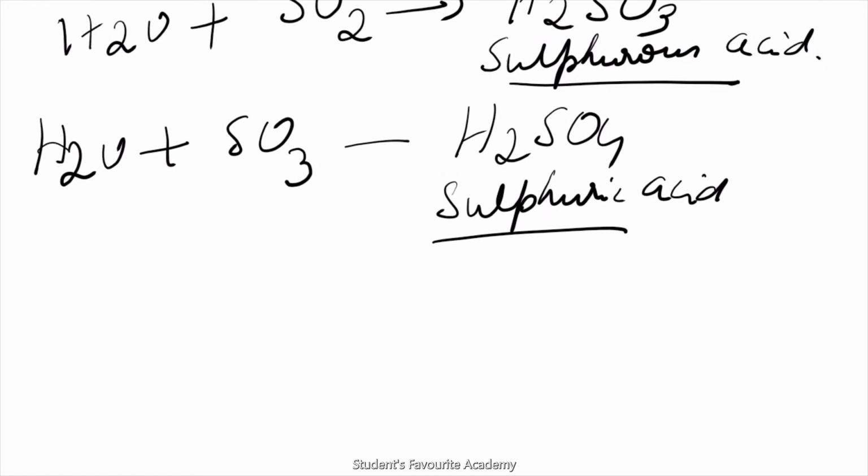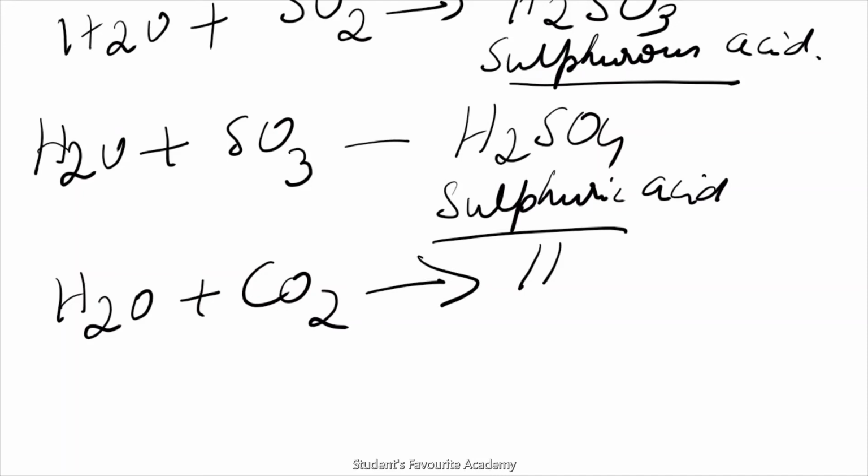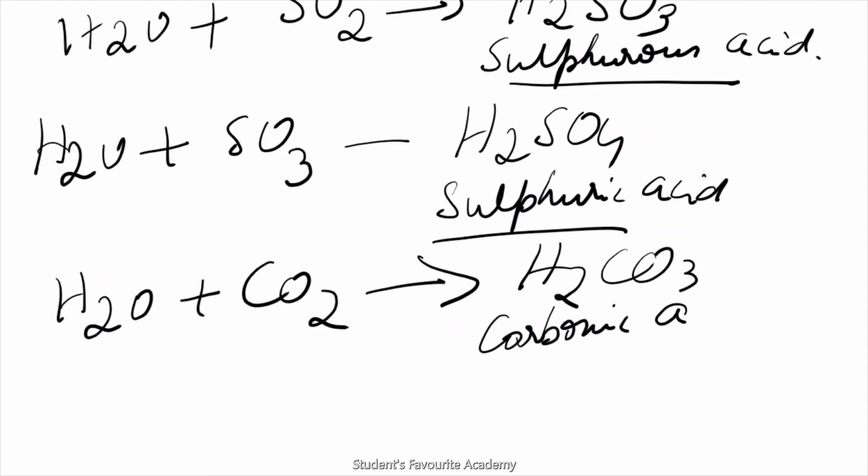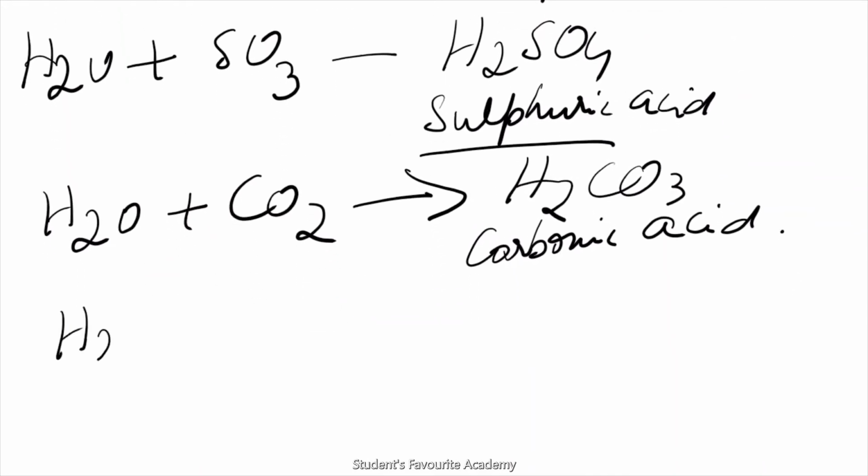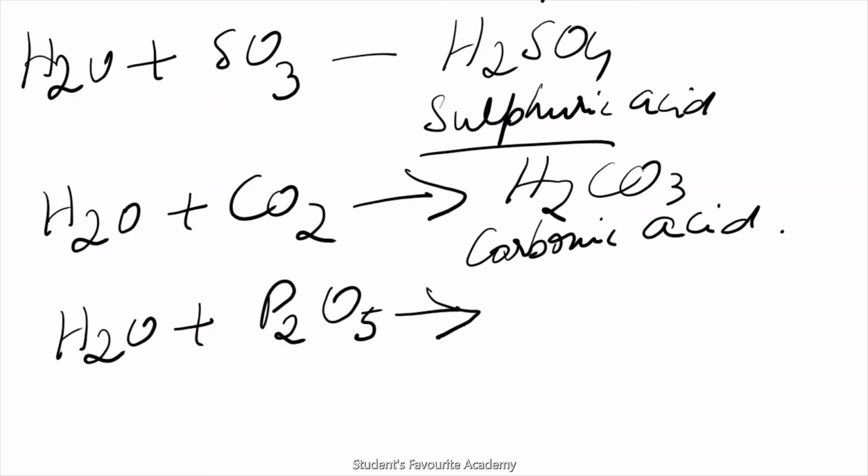Then you have water plus carbon dioxide gives carbonic acid, H2CO3. This is carbonic acid. Similarly, you have water plus phosphorus pentoxide gives phosphoric acid, 2H3PO4. Okay, that is called phosphoric acid.